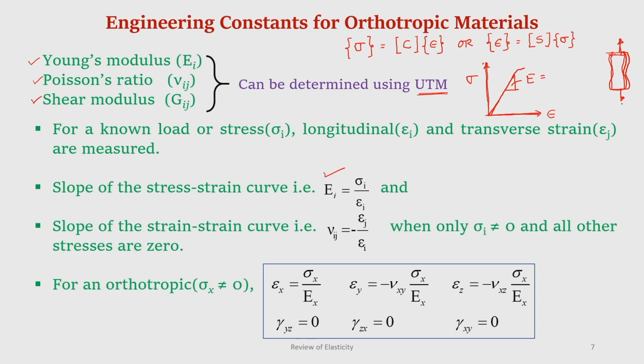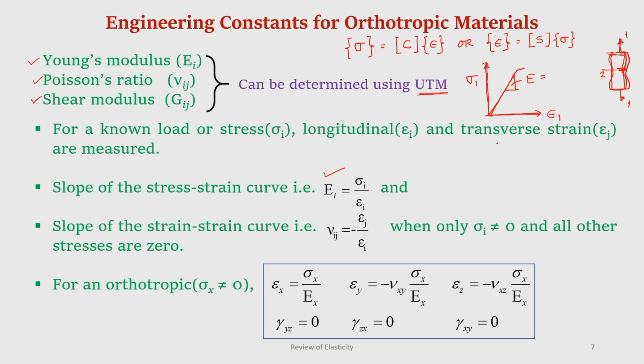Suppose we apply load in this direction, say this is direction 1, and we also keep a strain gauge along direction 2 and keep track of the strain along direction 2. I will draw a separate diagram.